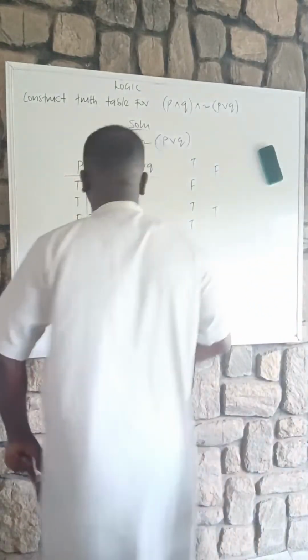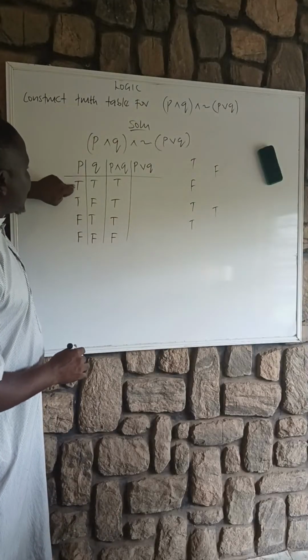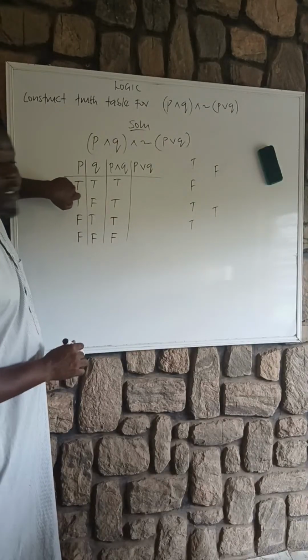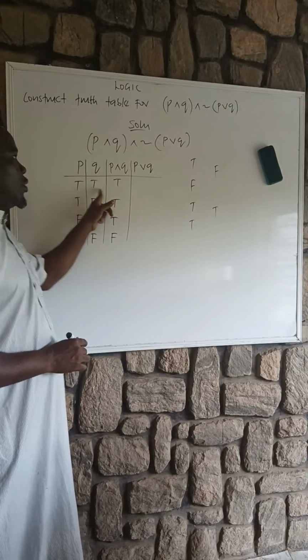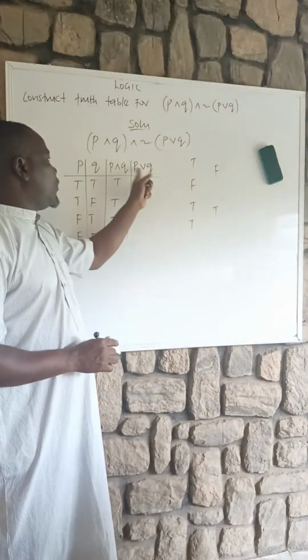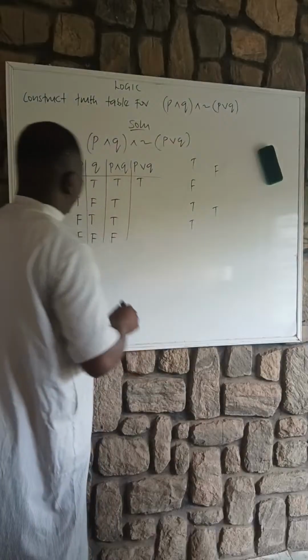So let's look at this. Here, statement P is saying true, right? Then statement Q is saying true. So the conjunction of P and Q will be what? True. True or false? Okay.